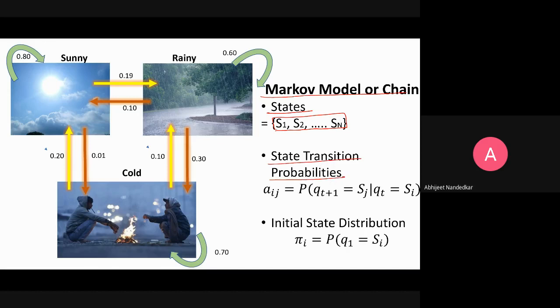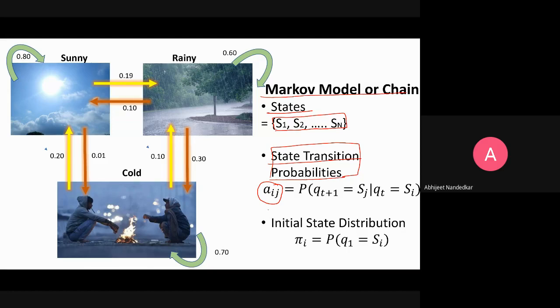What is the chance of going from S1 to S2 or S2 to S3 and so on. All this information we have to gather and make a probability table called the state transition probability table or matrix. Here we will represent Aij as the entry in the matrix of state transition probabilities.